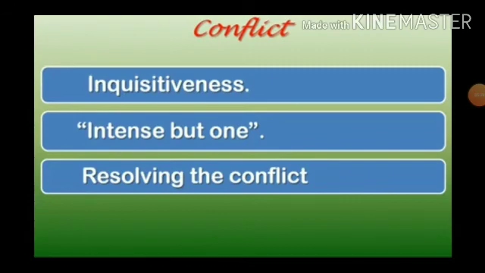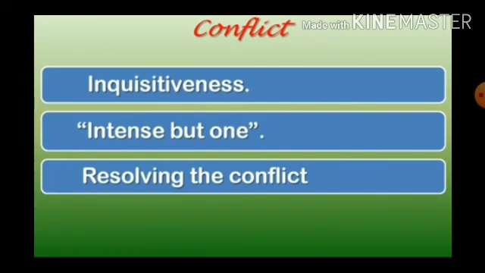Students, you should use conflict in your stories so that readers can get their attention connected with the story, and it is a golden rule for the story to have one intense conflict. It means the story should not have more than one conflict, because as you are writing a short story, you won't have enough room to include more than one conflict or more than one twist in your story.